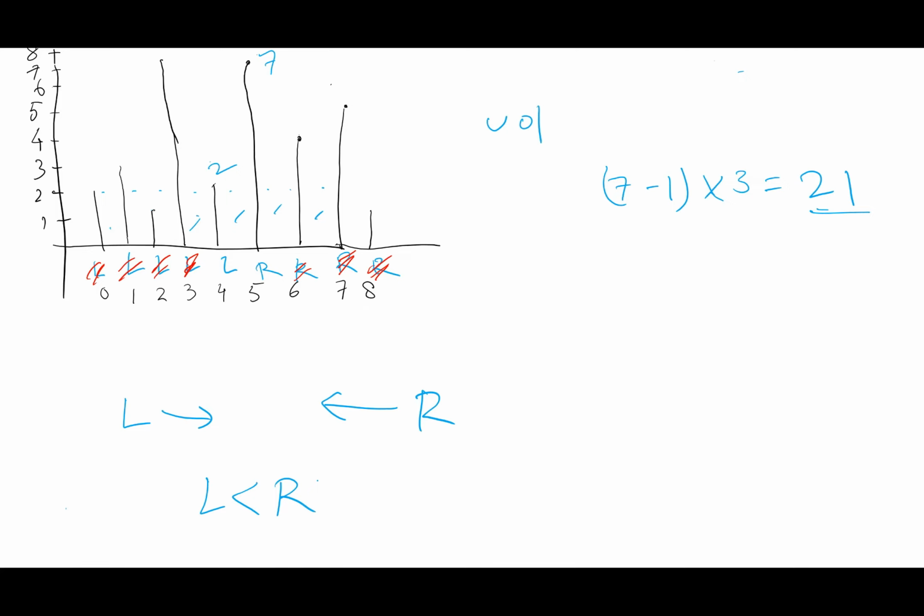So overall, if this is like the size of n, together left and right pointer move n places, right? They're moving in opposite directions, but together they move n pointers, right? So this is going to be an order of n algorithm, and we are not using any extra memory.